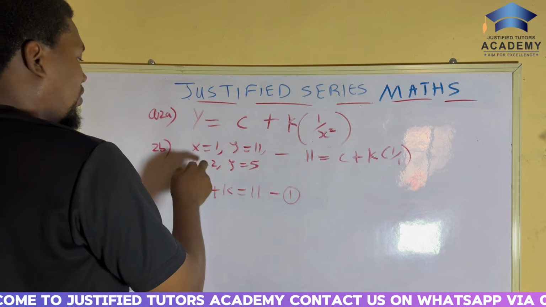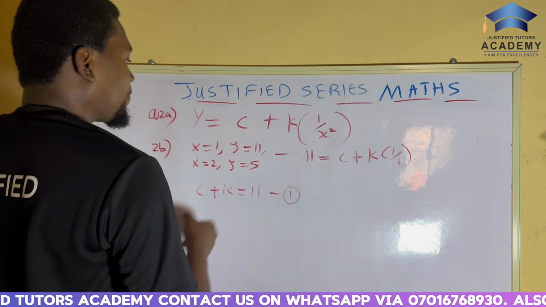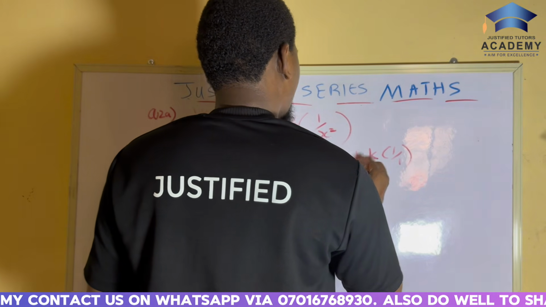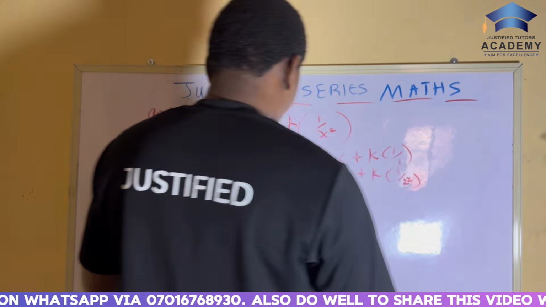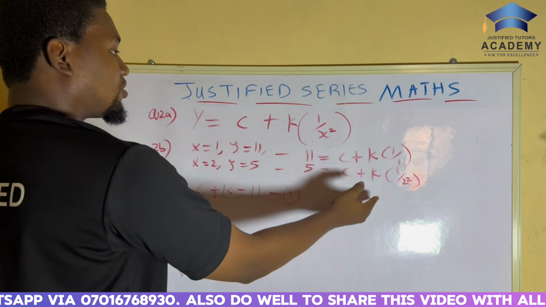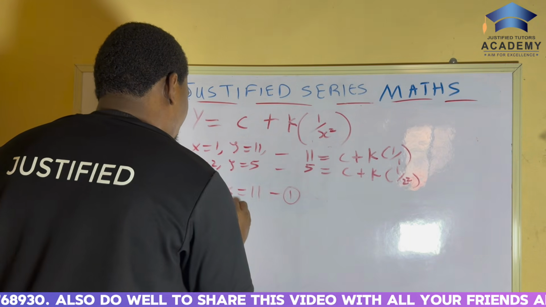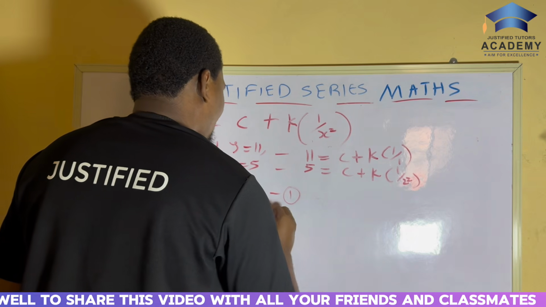And for equation 2, when y is 5 and x is 2, we have 5 equals c plus k times 1 over 2 squared. So it becomes k over 4. So we have c plus k over 4 is equal to 5, equation 2.